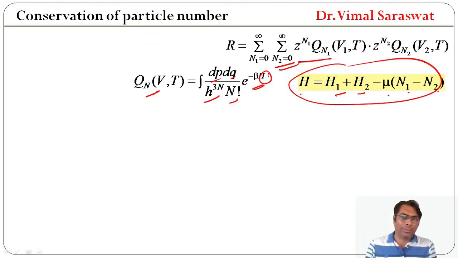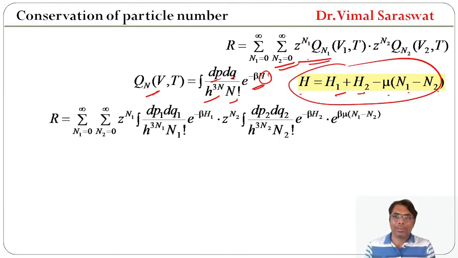So this equation will be R equal to sigma N1 equal to 0 to infinity, sigma N2 equal to 0 to infinity, z raised to N1 integration dp1 dq1 upon h raised to 3N1 factorial N1 exponential minus beta H1 into z raised to N2 integration dp2 dq2 upon h raised to 3N2 factorial N2 exponential minus beta H2 into exponential beta mu (N1 minus N2).